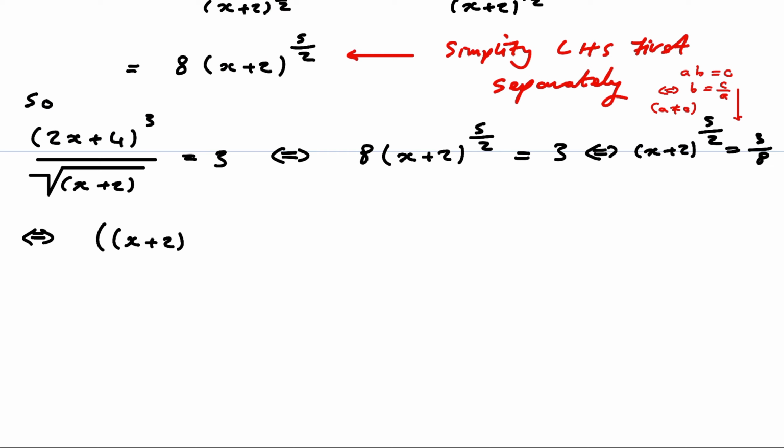Let me write this carefully. I'm going to take both sides and raise them to the power 2 over 5. So that's going to be equal to (3/8)^(2/5).